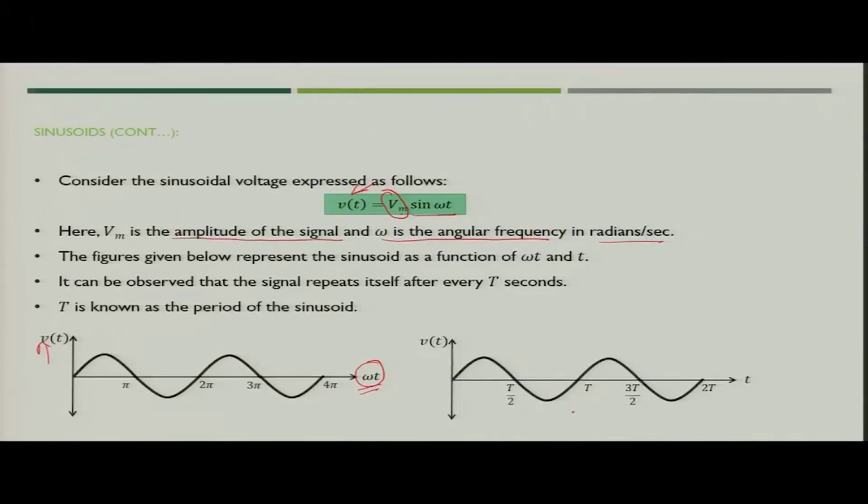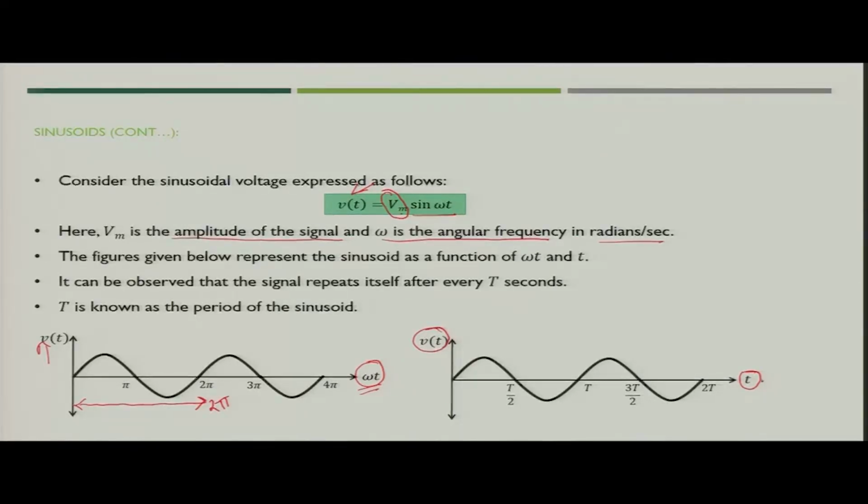In the second figure, we find the voltage amplitude with respect to time. In both figures, the signal is alternatively positive and negative. Here the signal is positive and here it is negative, and again it repeats after an angle of 2 pi.